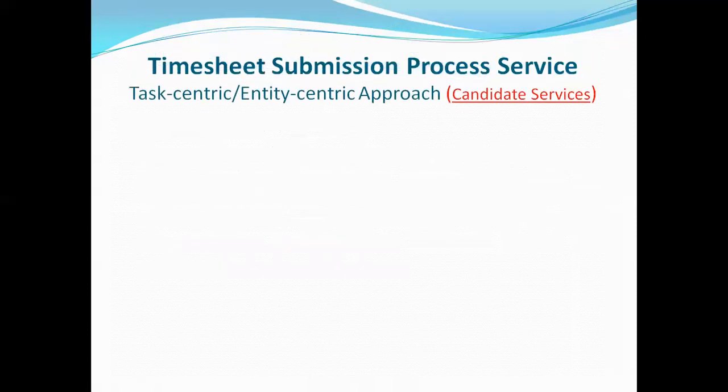In the analysis phase, we saw that the timesheet submission process service can be approached in two different ways by the service architect for designing the web services. They may prefer the task-centric approach or the entity-centric approach for identifying the candidate services.